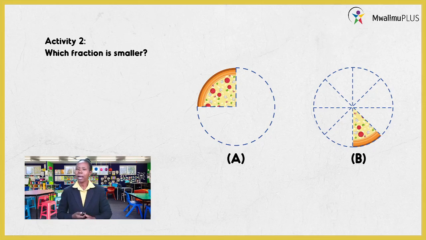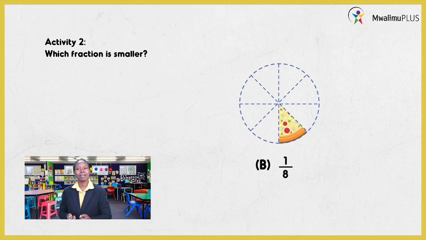So now, I want you to tell me which of these pizza diagrams has the smallest piece. Very good. It's the second diagram B because an eighth is smaller than a quarter, isn't it? Yes, so this is our answer. The smallest fraction there is the eighth, with a pizza 1 piece out of 8. I hope you are enjoying these activities.